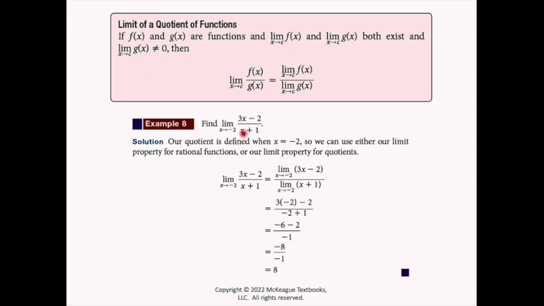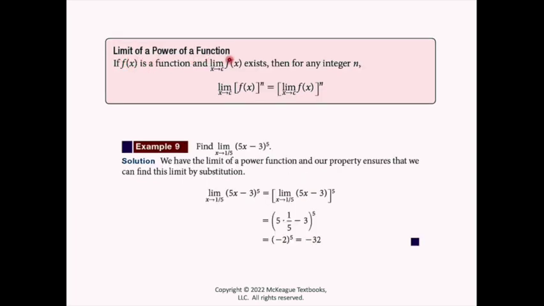I'm only concerned really about the denominator. If I plug in -2 here, I'm not going to run into a problem with having 0 in the denominator. So I can just use direct substitution, where I plug it into the top and the bottom separately and just divide.